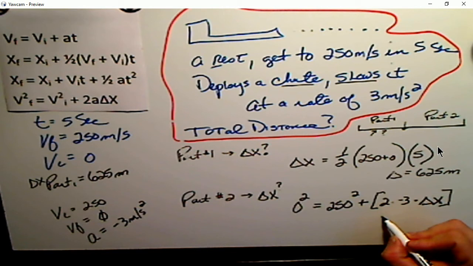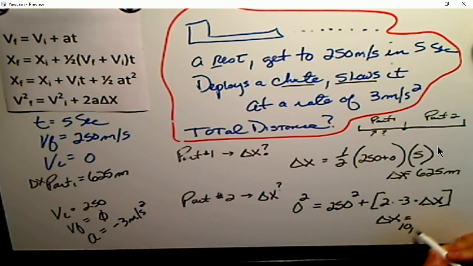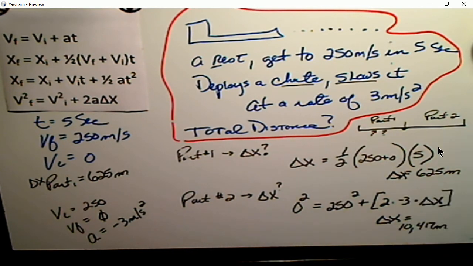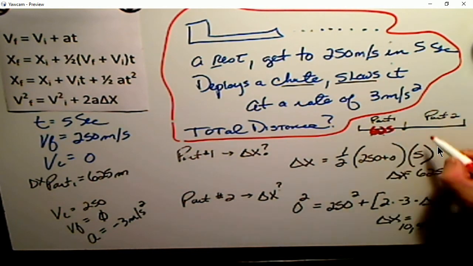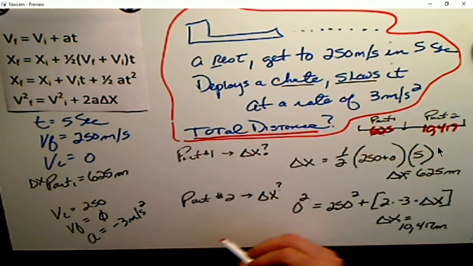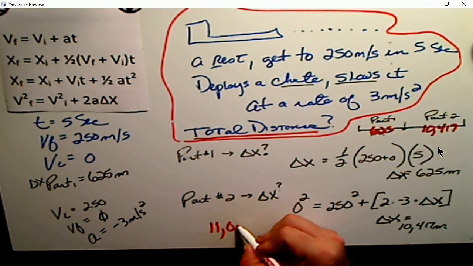Change in distance is equal to, if you do this calculation, you should get 10,417 meters. The chute sort of slows it down, as it should, slowly. So there's our two parts. This being 625, this being 10,417. So the total distance, the answer, is the addition of both of those together, about 11,042 meters.